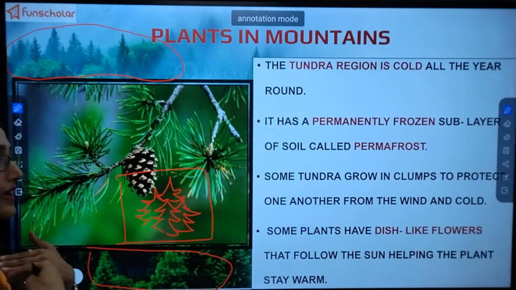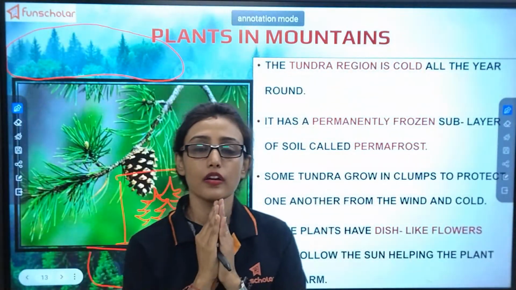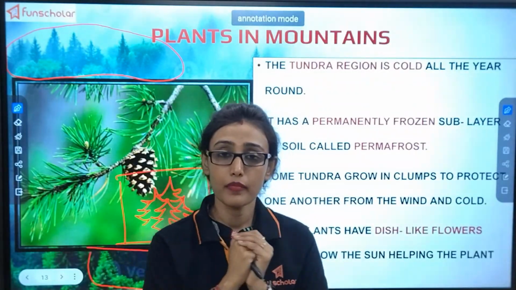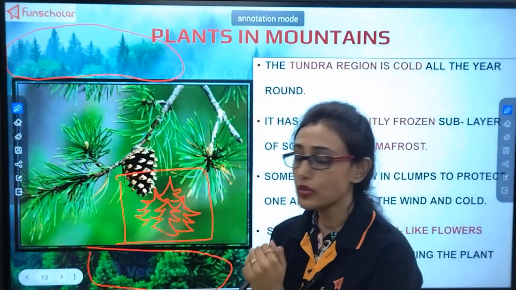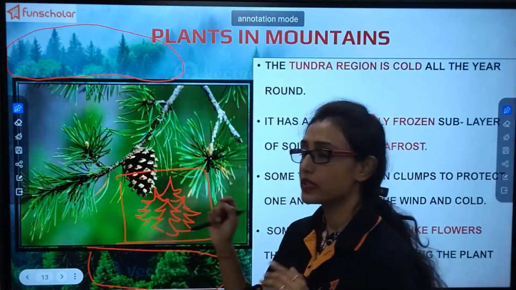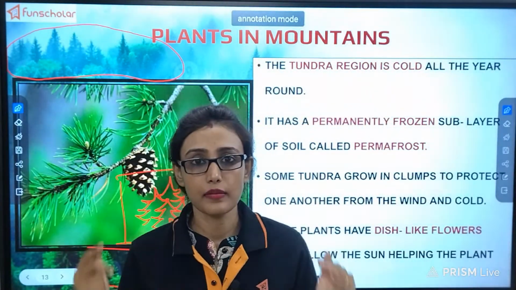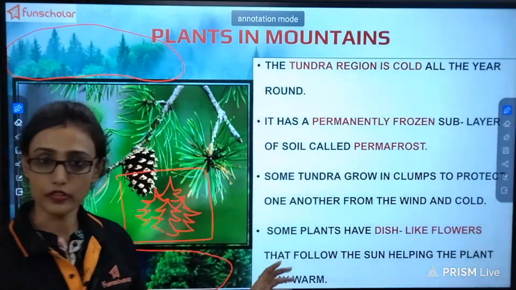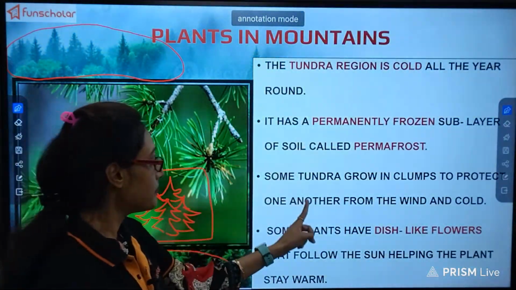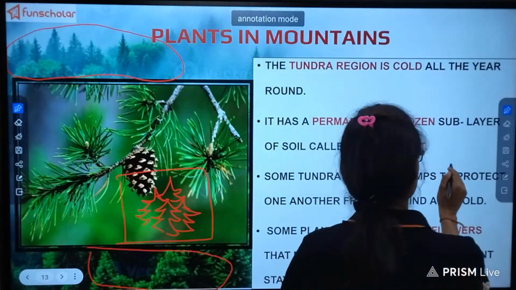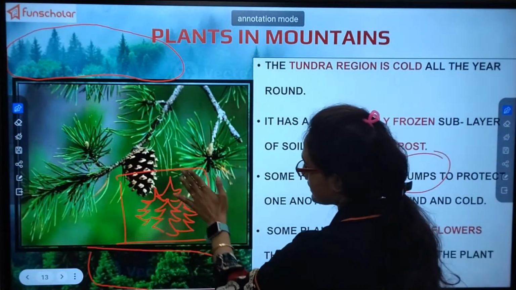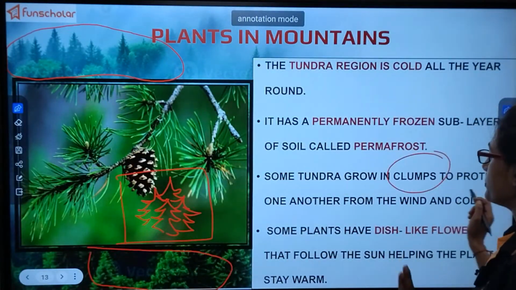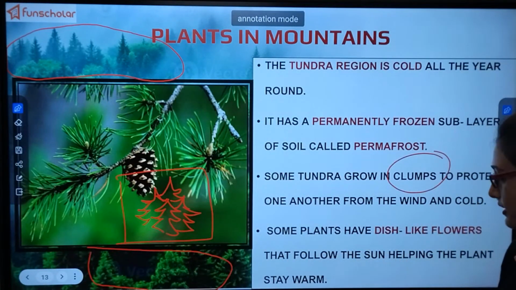Why? Just like we come close to our beloved ones to protect ourselves from cold, they also grow together so that they can protect themselves from the harsh wind and harsh cold. So some tundra grow in clumps. Clumps means here just like this, in groups.